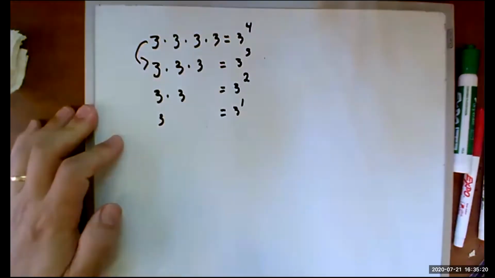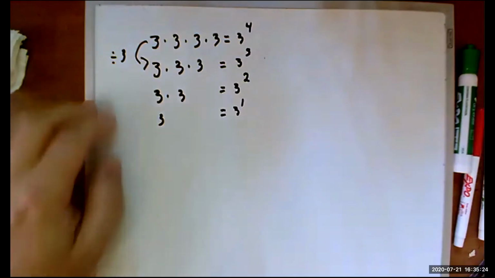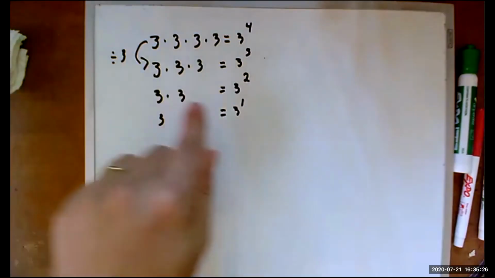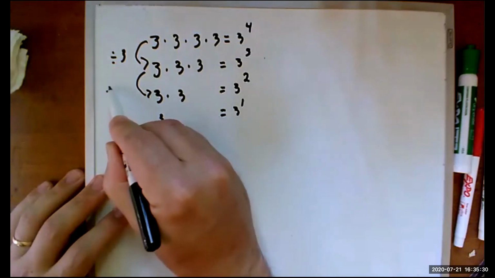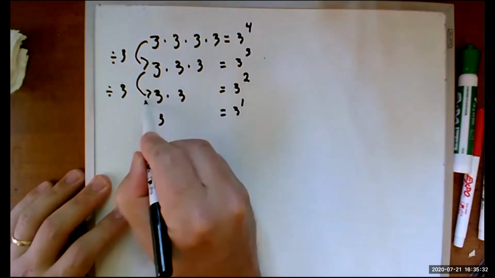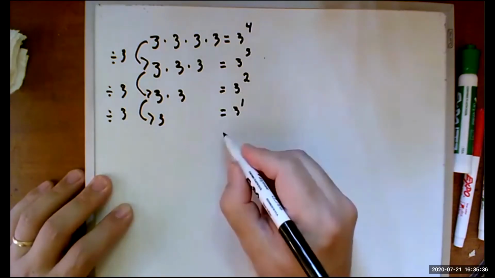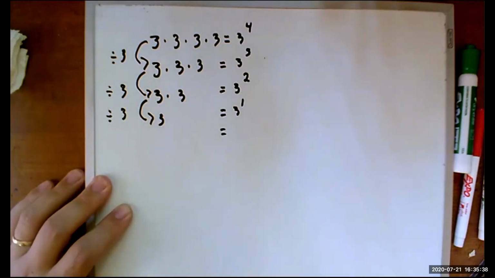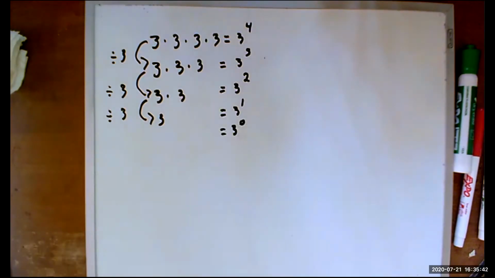And what I would like you to take note of in terms of what's happening as we move down this little ladder is at each level, I'm dividing by 3. So if I have 4 3's, and I divide by 3, then I'm down to 3 3's. And then I divide by 3 again, and I'm down to 2 3's. And then I divide by 3 again, and I'm down to 1 3.